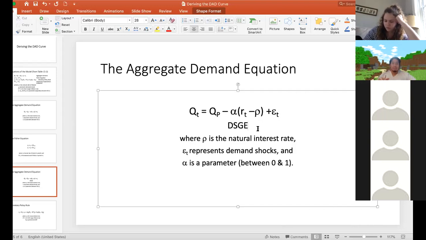These are models that are theoretically really elegant. They're based on micro foundations. So there are no aggregate consumption functions or aggregate investment functions.